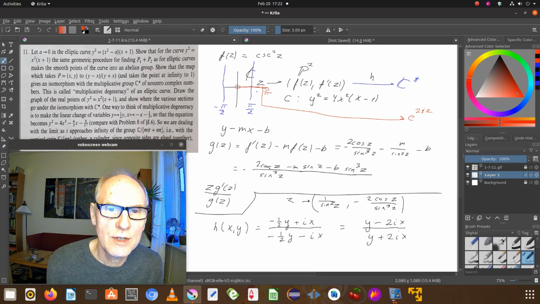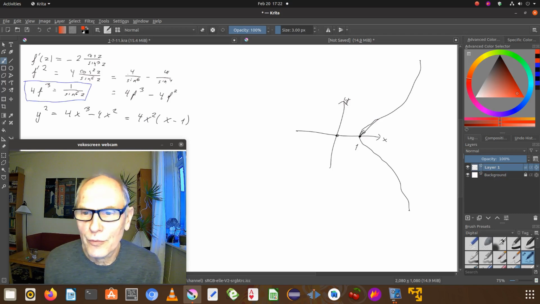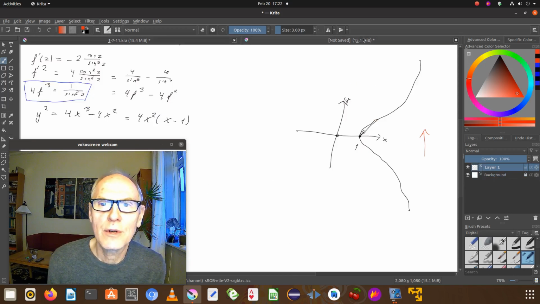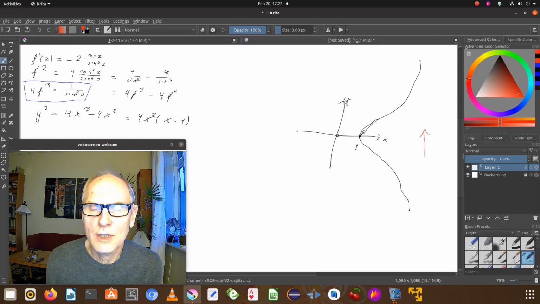So this is the interval. And here it's a decreasing function, so here it's negative and here it's positive. So that means that if we go from here to here, then we'll go upwards here, and then at 1 at pi half, we will pass through this point.